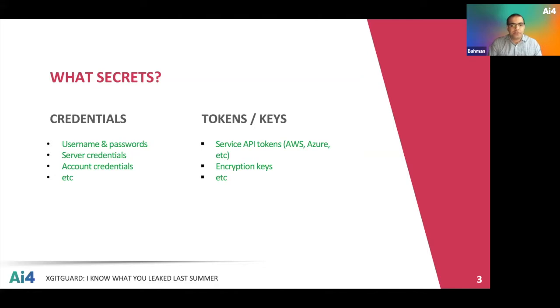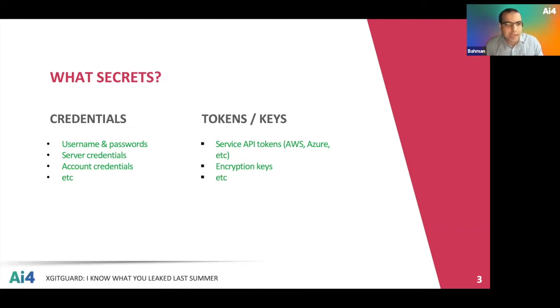When we're talking about credentials, we're specifically talking about usernames, passwords, clear text passwords, server credentials, account credentials, which are basically clear text secrets. And then we are also talking about tokens and keys. Specifically, service API tokens, with examples like AWS and Microsoft Azure tokens, encryption keys, and other similar tokens.